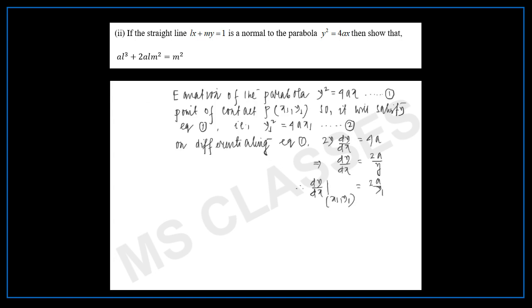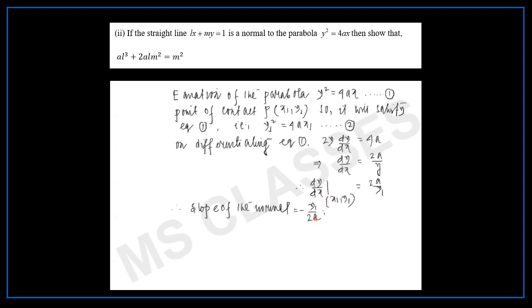So this is basically the slope of the tangent at the point of contact. Now we need the slope of the normal. Therefore slope of the normal is minus y1 by 2a, because it is basically minus 1 by dy/dx at that point of contact.